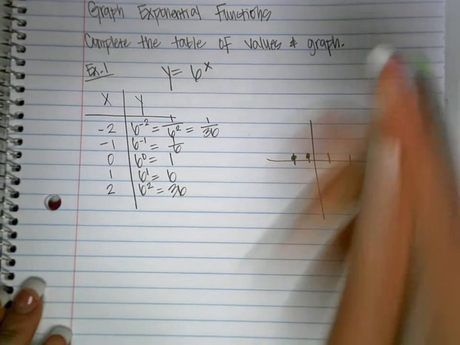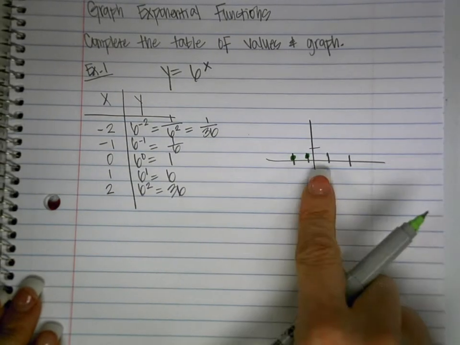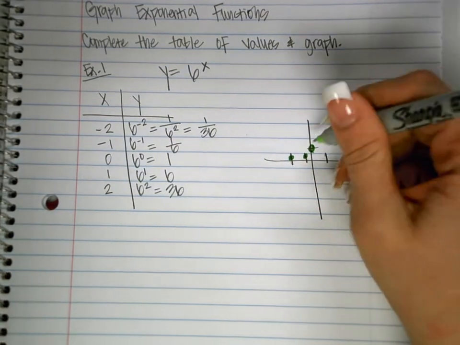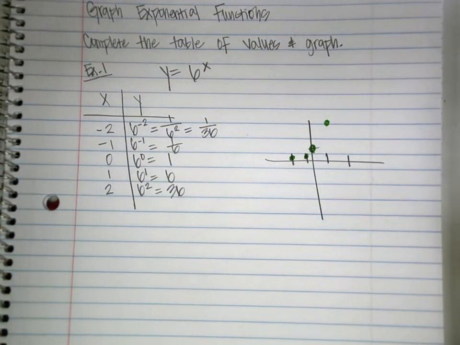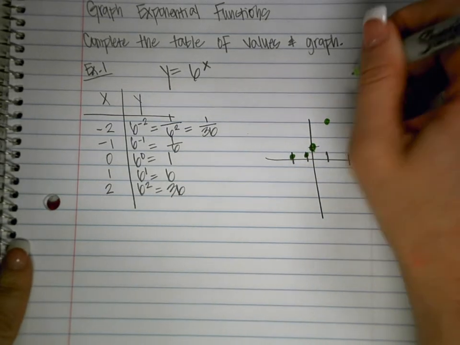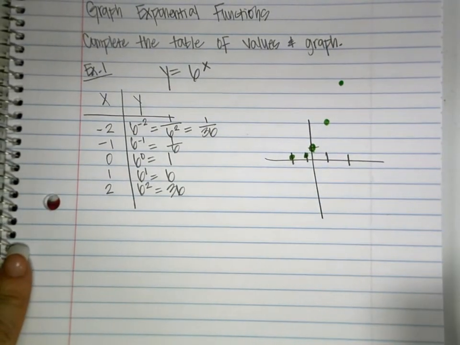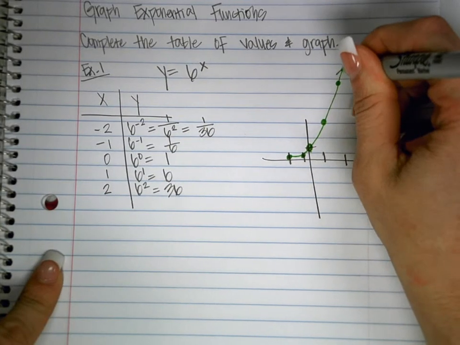So it's up just barely, but not very much. Then 0, 1, so over 0, up 1. Your next point is at 1, 6, and we're just going to approximate. And then finally over 2, up 36. So it would be way, way up here. If you connect your dots, these are going to go way up.